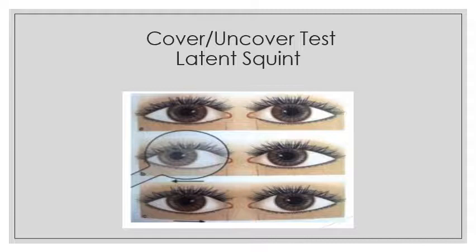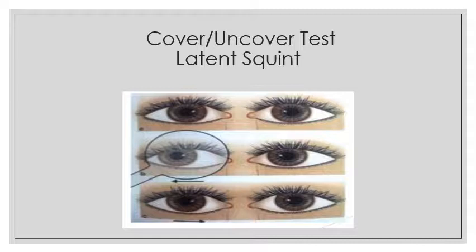In order to detect latent squint, we do the cover-uncover test. Cover either eye. The covered eye tends to take its resting position. So the covered eye moves to the squinting position when it is dissociated from its fellow eye.